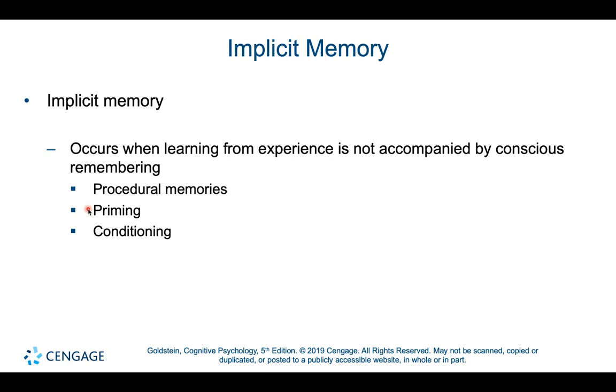So it's this unconscious association between the color red and, for example, fire trucks, right? That's learning. You have learned from your experience that the color red is associated with fire trucks. And so when I ask you to name a red vehicle, you're more likely to say fire truck, right?